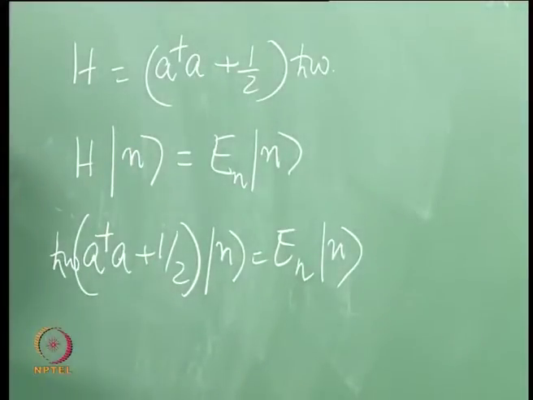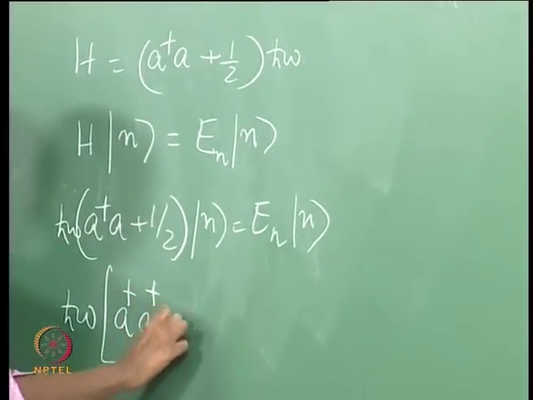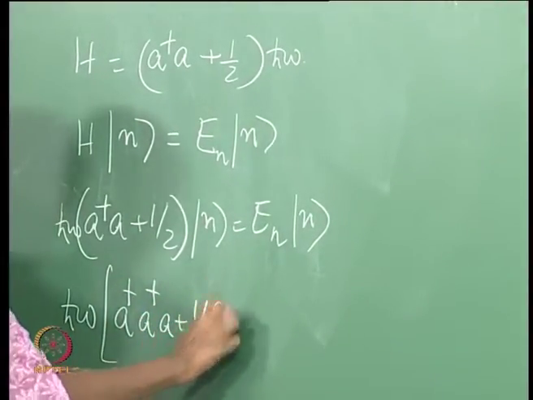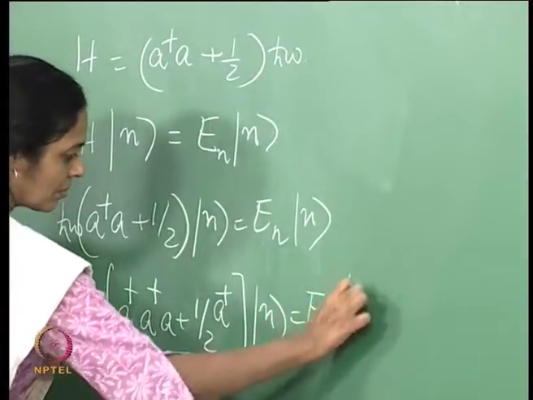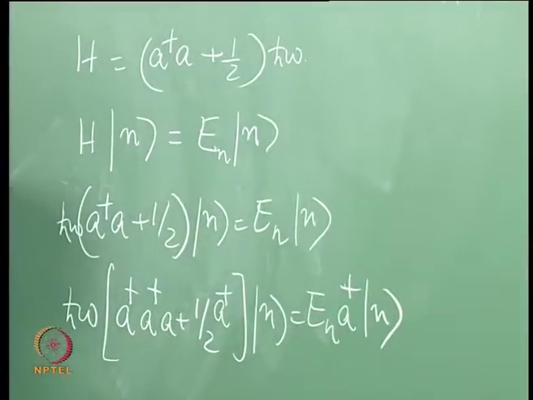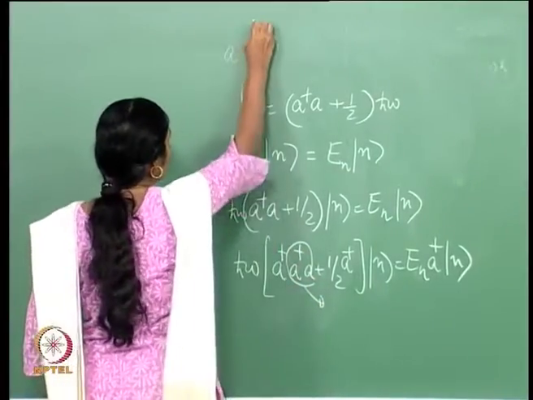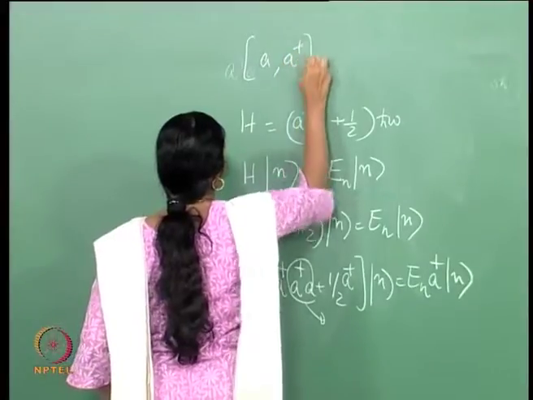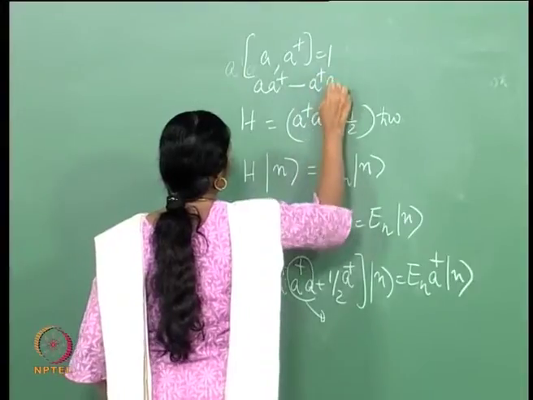Let us multiply this by A dagger on both sides. So, this is what I have. Well, I can do the following thing. I remember that the commutator of A and A dagger is 1, which means that A A dagger minus A dagger A is 1.